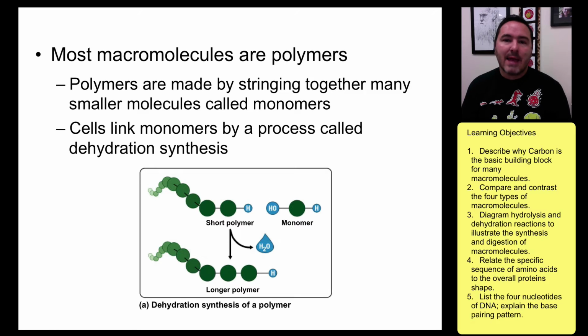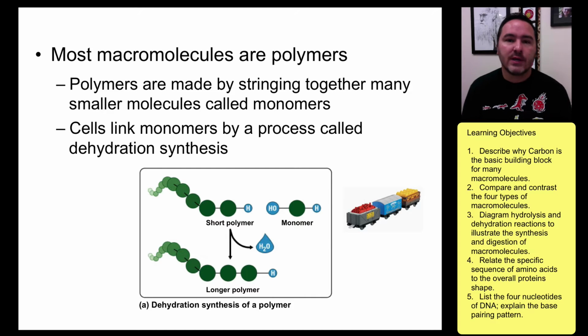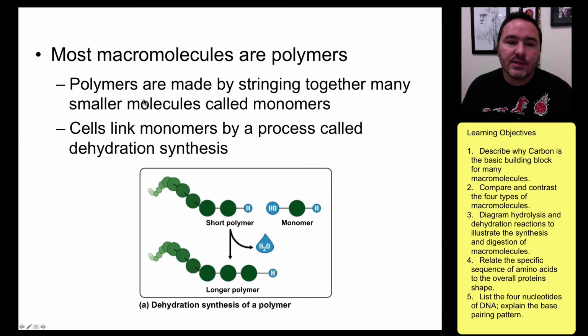So whenever you make a macromolecule, you start off with a single unit, and you add multiple units to that, kind of like train cars in a train. And so we call the single units monomers and the long train a polymer. And the process that does this, where you link these monomers to become long polymers, is called dehydration synthesis.